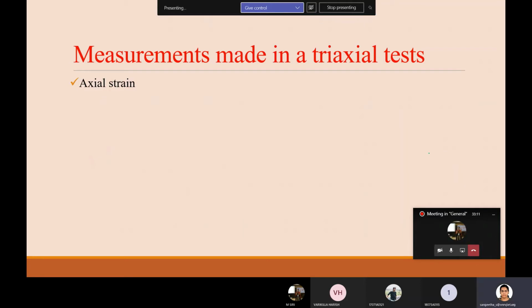So what are the things that you need to measure while performing the triaxial test? You have to measure axial strain. So for the given strain, you have to make a note of how much load is being displayed on the proving ring. And also you need to measure pore water pressure under no flow condition. So when there is no drainage, how much pore water pressure is building up? That one also you have to measure.